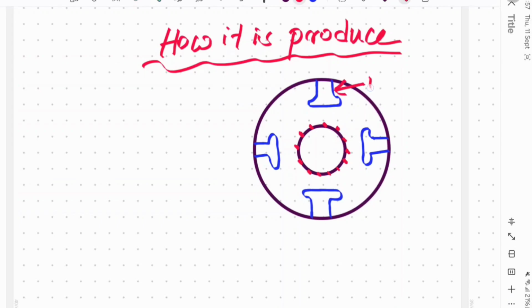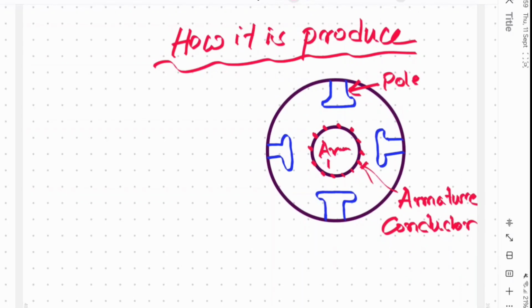So these are poles, and these red dots are armature conductors. This is the armature. When this armature rotates inside the magnetic field. So there is a magnetic field.